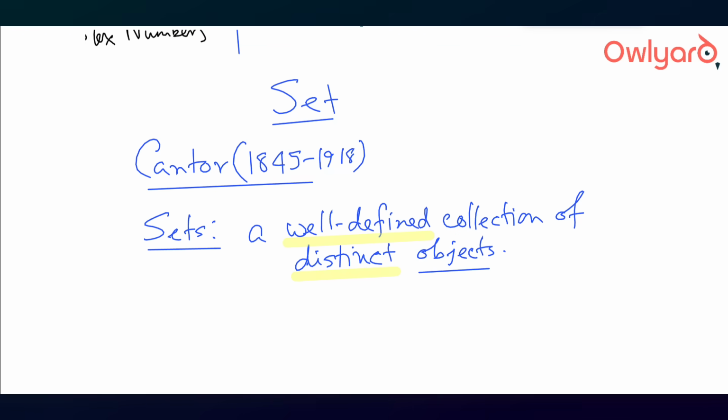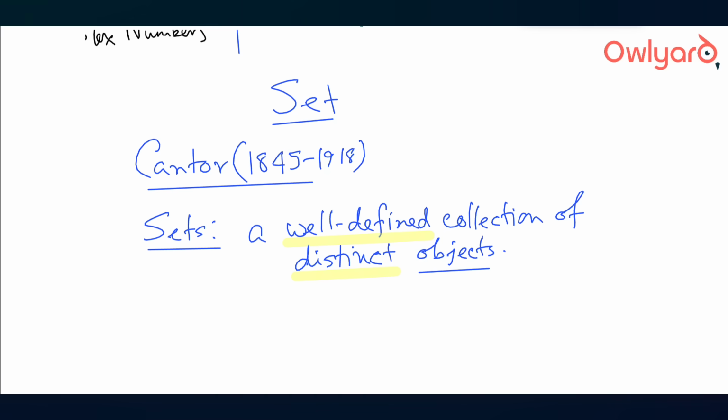So that's what well-defined means. And distinct means there is no duplication allowed. Any member only appears once in a set. So these are the basic rules that actually distinguish a set from just any collection, right?